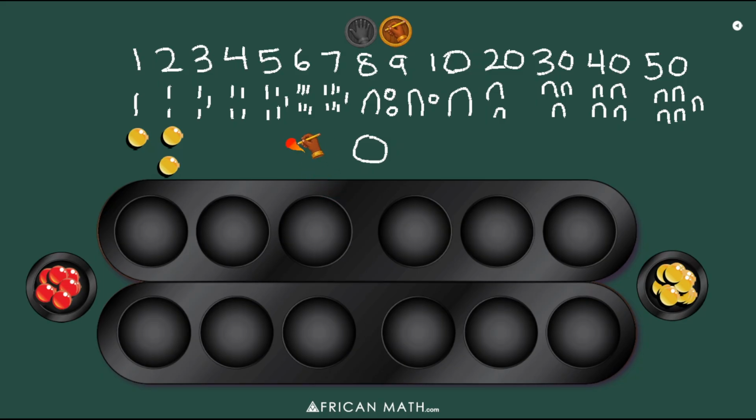Now, if this symbol, a dot, represents 1 or unit, digit, we call them bits, or this tally mark represents a dot or 1, which we call bits, what happens when you combine the two?